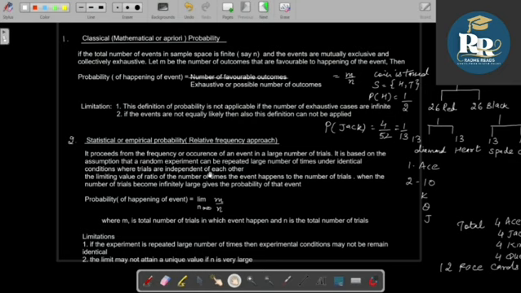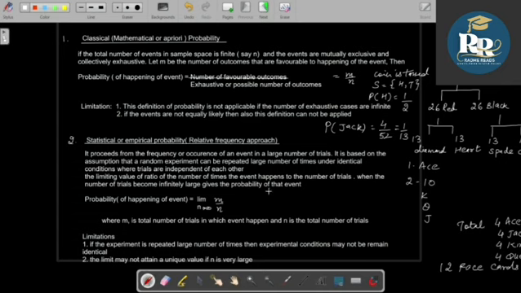It is based on the assumption that a random experiment can be repeated a large number of times under identical conditions, where trials are independent of each other. The limiting value of the ratio of the number of times the event happens to the number of trials, when the number of trials becomes infinitely large, gives the probability of the event.